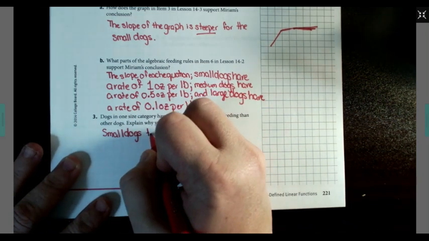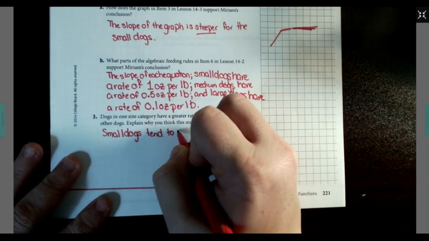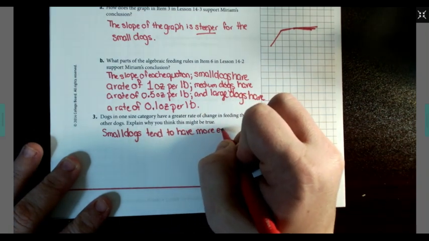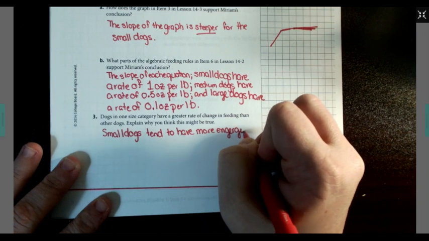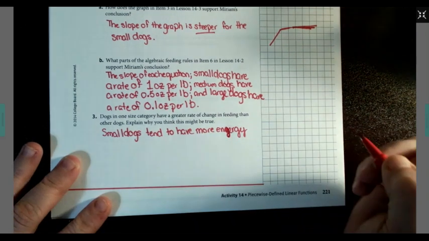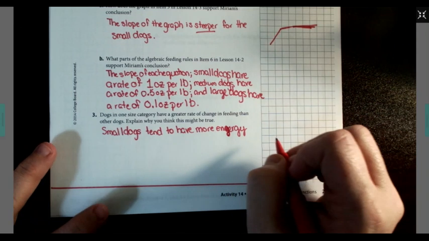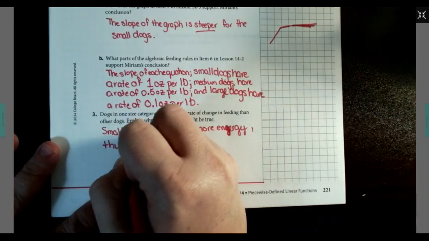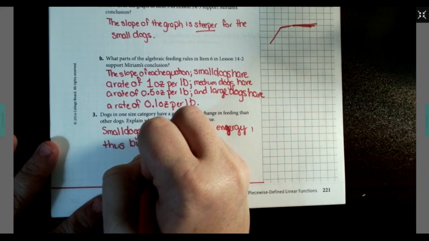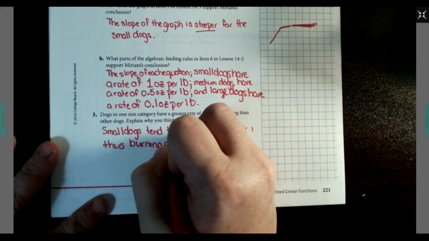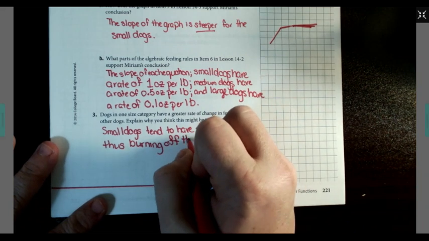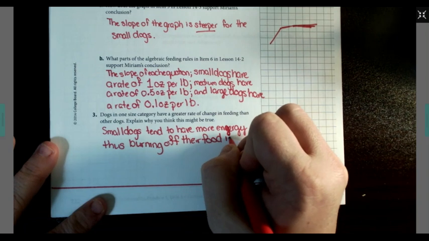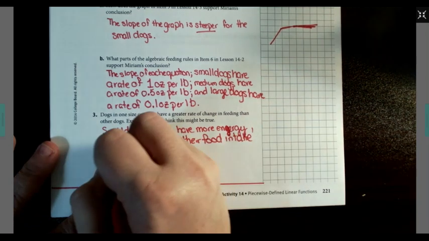Small dogs tend to have more energy, maybe, thus burning off their food intake maybe faster.